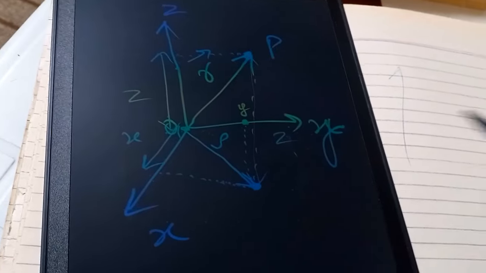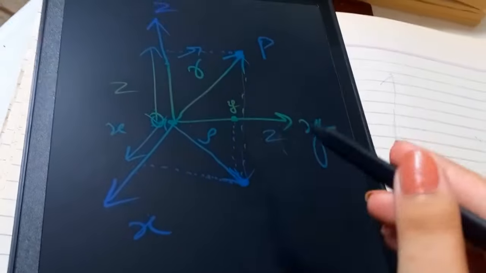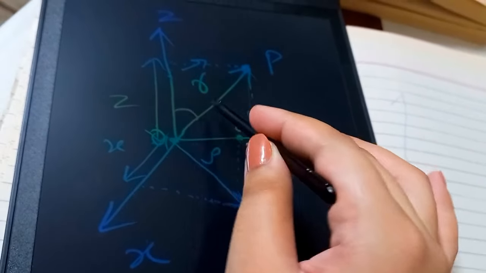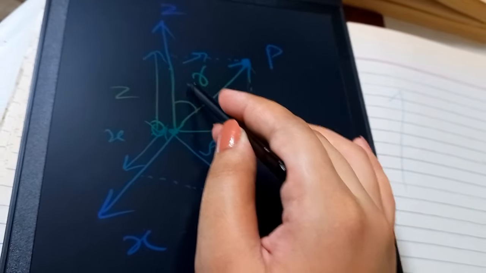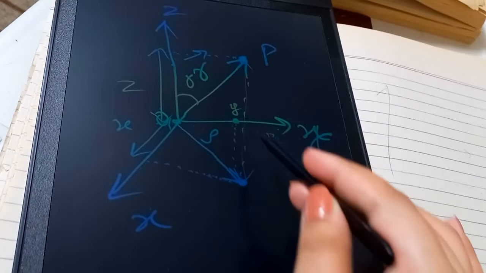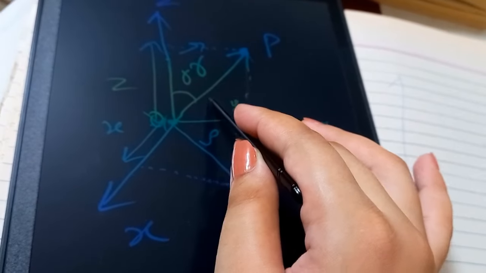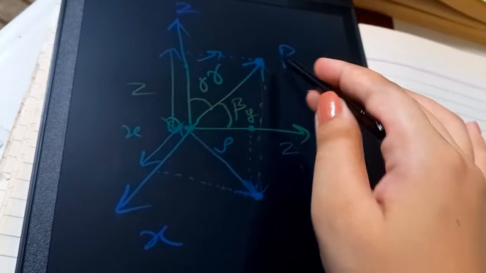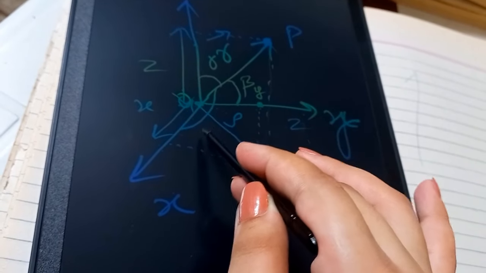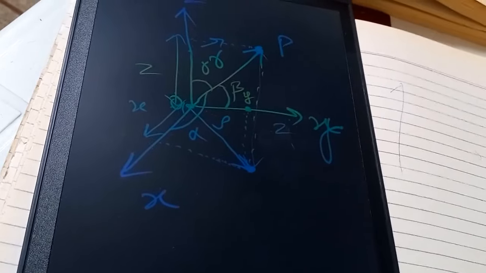So this is how these are written, and this is the angle that this r vector makes with the z-axis, the gamma angle. Okay, the angle that this vector makes with the y direction is the beta angle, and the angle that it makes with the x-axis is the alpha angle in general. Okay, we just name it.